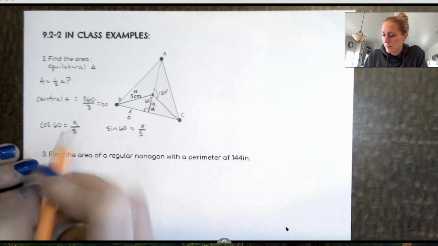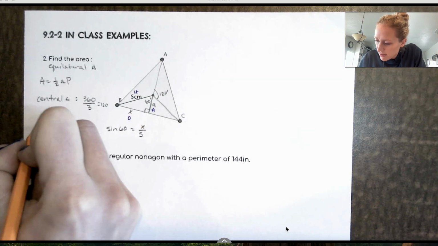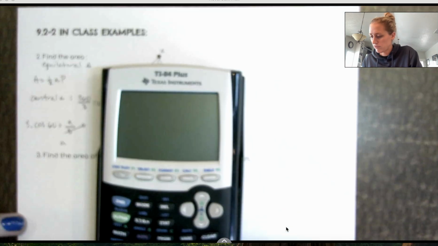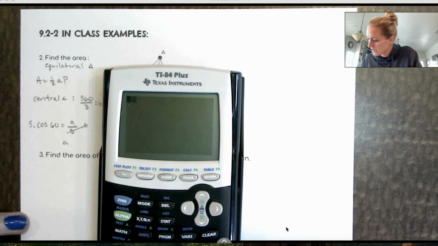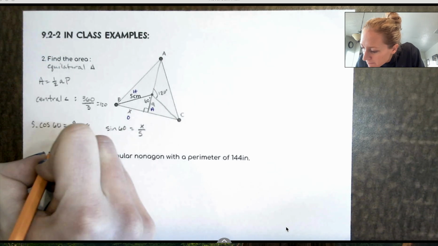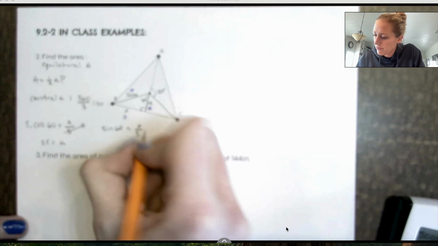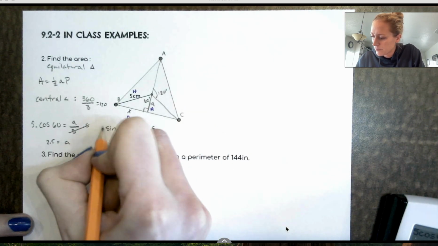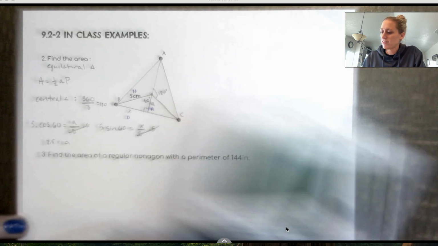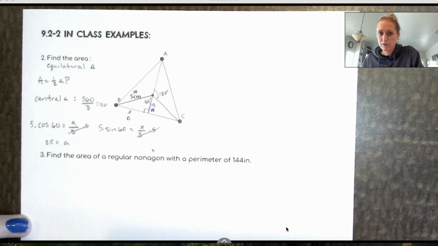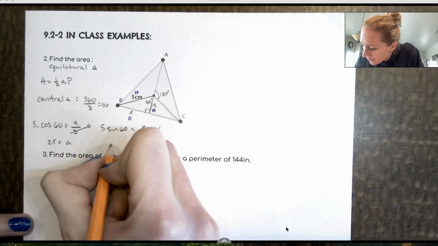I'm going to multiply by 5. So A is equal to 5 times cosine of 60. 5 cosine 60 is 2.5. And then we multiply by 5 here as well. 5 times sine of 60 is 4.33 for X.